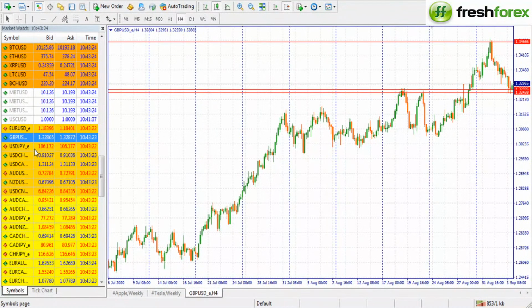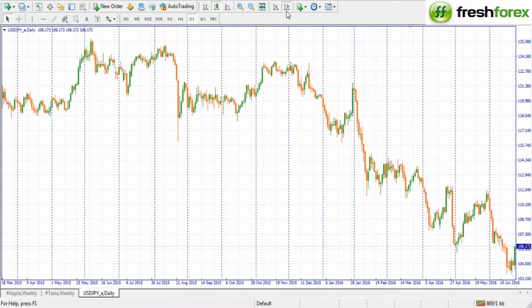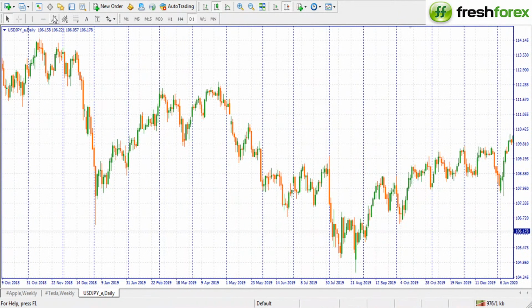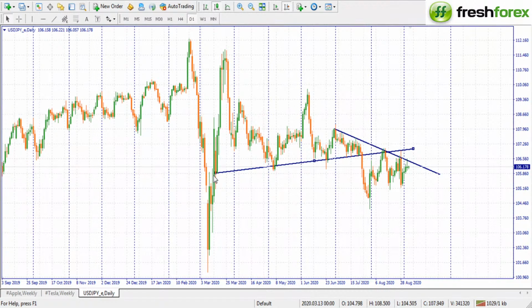The next chart, USDJPY. So far we had a sell position. The price bounced off from a good resistance level. We had a resistance from this point, and then we had a support at that point.